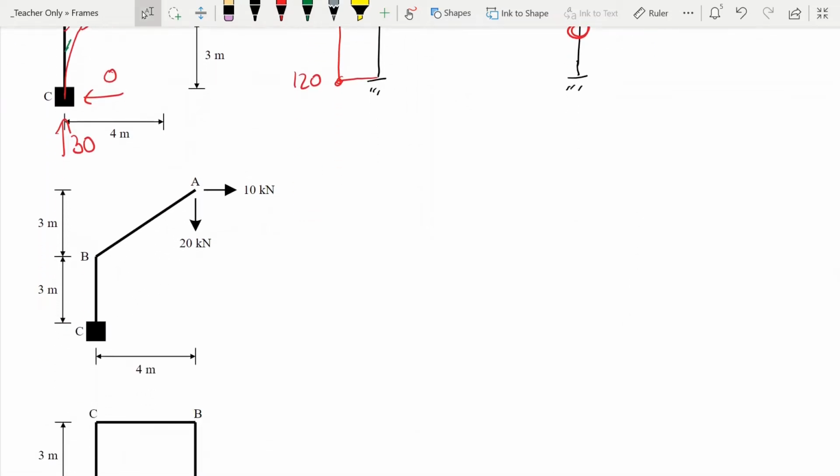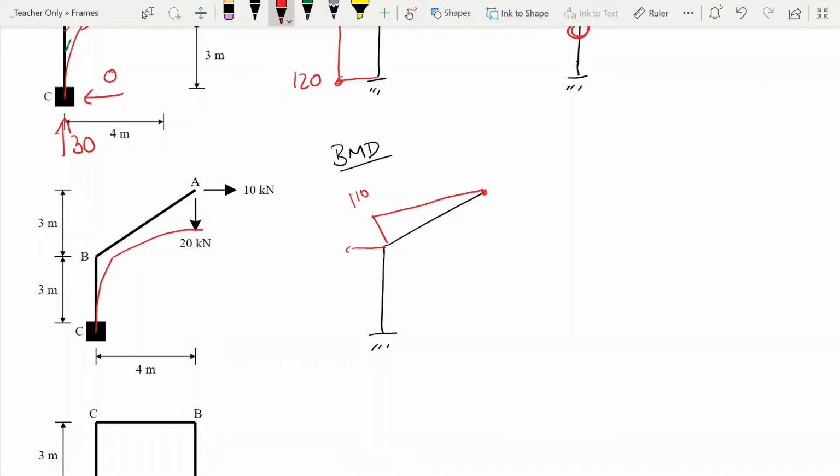So very similar deformation, we can get something that will look like that as well. So we can draw straight away our bending moment diagram, trying to say that the moment at A is 0, then the moment here is equal to 10 times 3 clockwise plus 20 times 4, so that's 30 plus 80 is 110, and that just transfers there, and this again transfers outside, so that's 110.